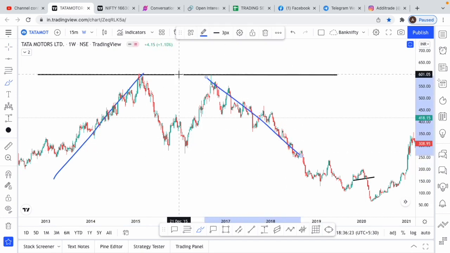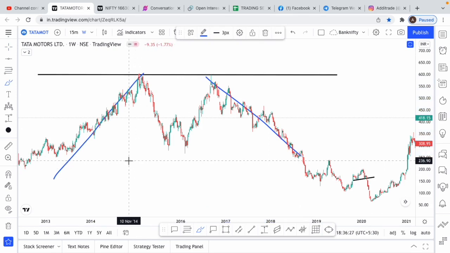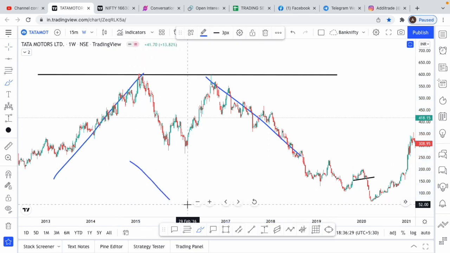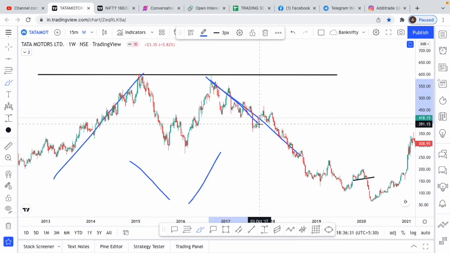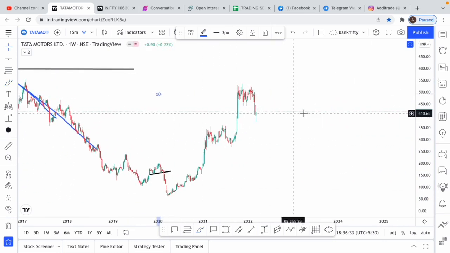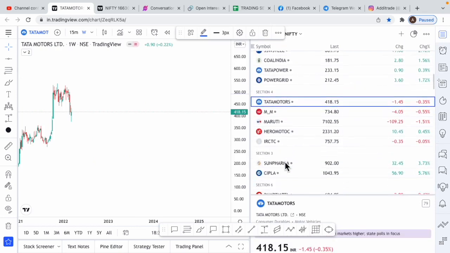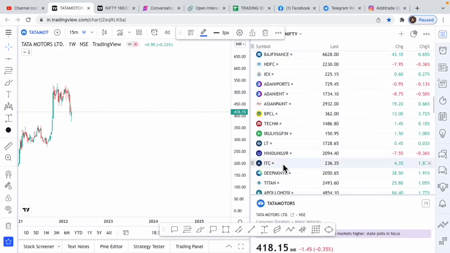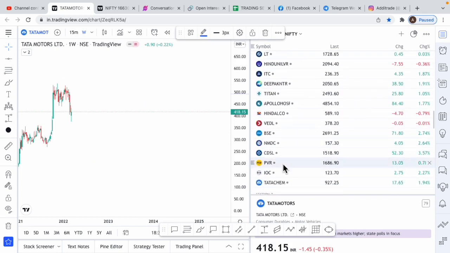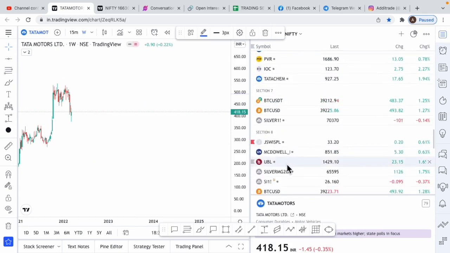What do we look for? We look for bearish to bullish. So this is something that I didn't want to trade. Let me see if I can remember some more.